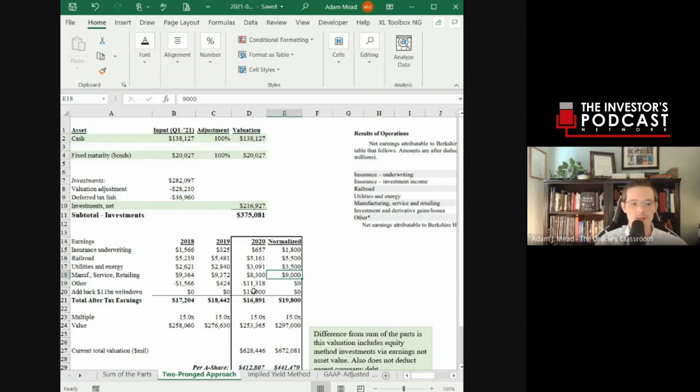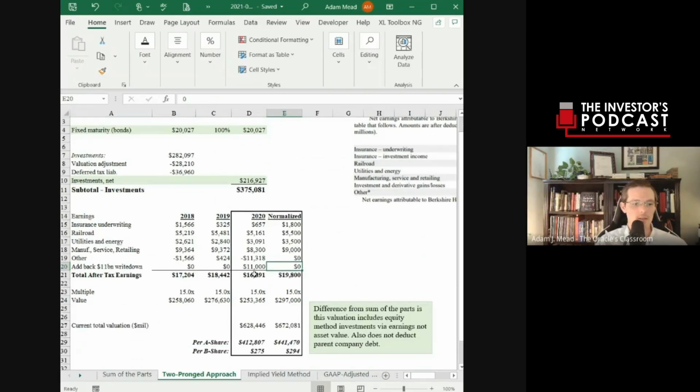This 11 billion that Berkshire wrote down, I'm saying is a one-time non-cash event that it's appropriate to add back. And so that's what this adjustment does here in the 2020 column. And of course, in the normalized column, this is already a 0, and so I'm not going to add it back again.